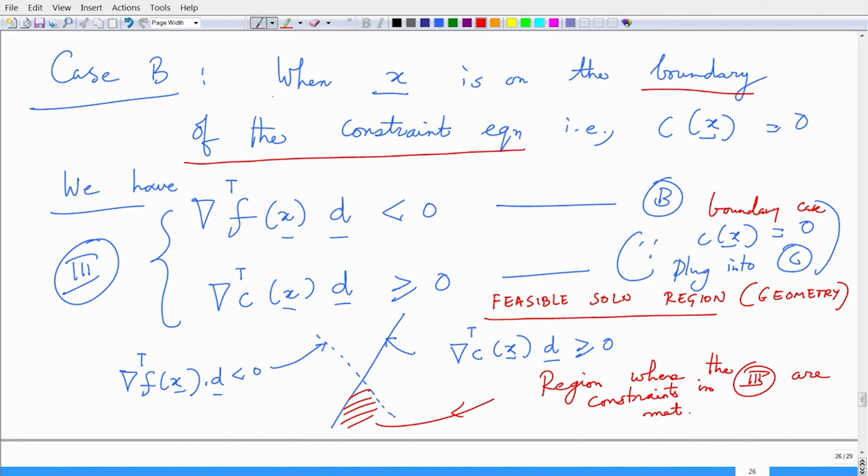Now del f transpose D is less than 0 is this open half space, that is I put this dotted line which indicates del f dot D equal to 0, that is the equation of my hyperplane, and everything which is lying below this line, I just indicate this in blue shade, that is my region.